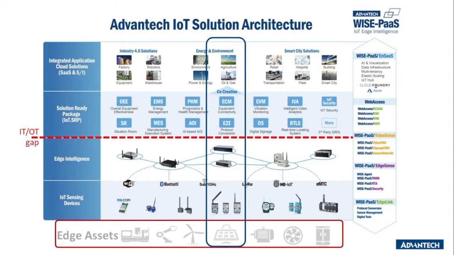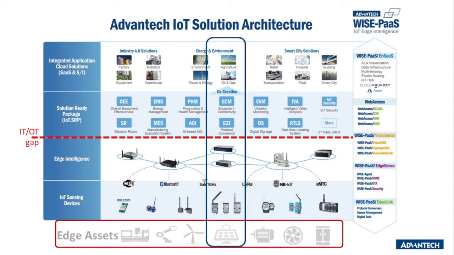To begin with, I would like to talk about the technologies involved when implementing an IoT solution, exemplified by the vertical blue box on this slide. From the bottom red box, we have edge devices and sensors that we want to collect data from. These edge devices are often connected to sensing devices such as Advantech's gateways and protocol converters.